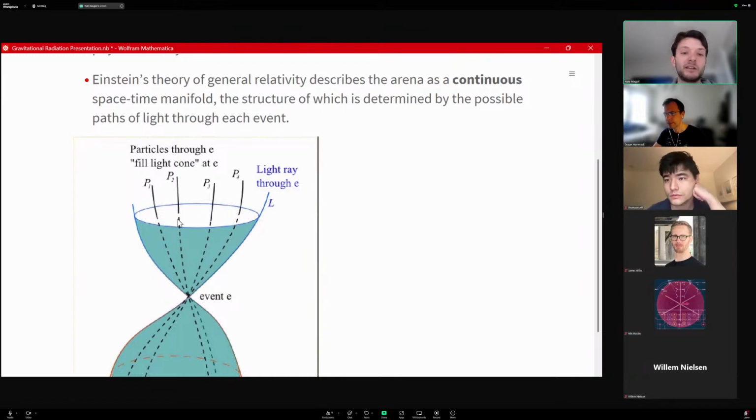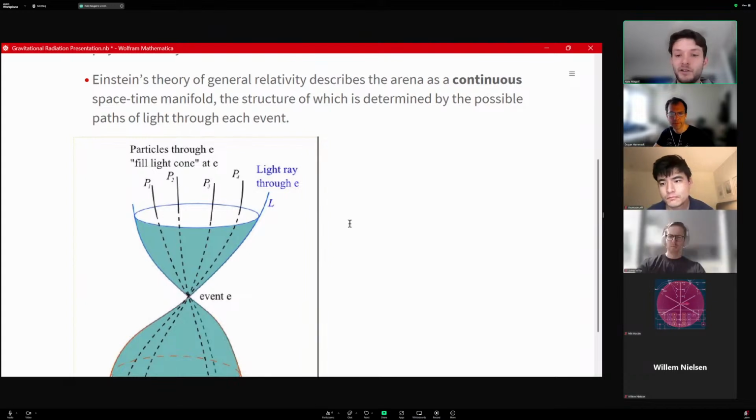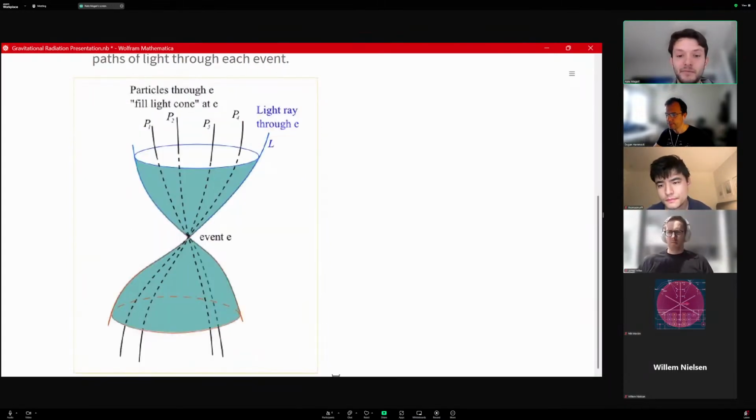And so it's constrained to stay within the future light cone. Okay, so I think we're ready to go on.